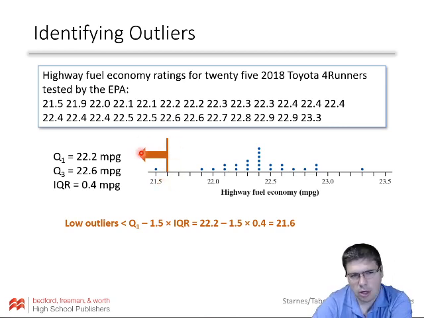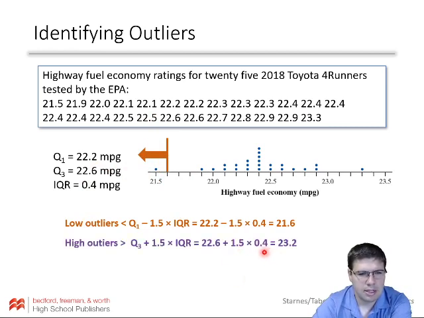And this is a somewhat arbitrary decision point, but it's nice to have an agreed upon definition. Then we can do the same for the upper end. We're going to go 22.6 plus 1.5 times that interquartile range and get that upper cutoff. So 23.2, we've got another outlier up on that high end.